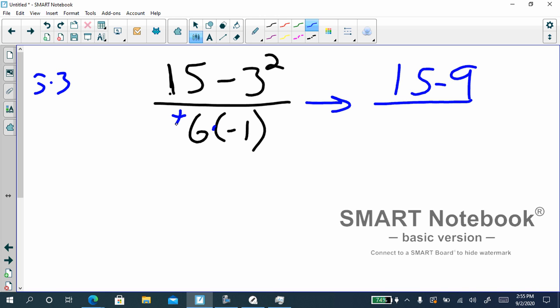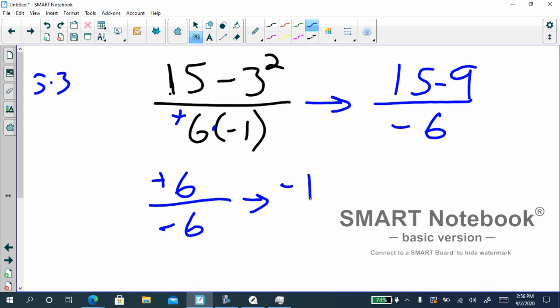A positive times negative is negative. 6 times 1 is 6. Now the bottom, there are no other terms, but the top, 15 minus 9, we can subtract, and then we can simplify. A positive divided by a negative is negative. Any number over itself makes 1.